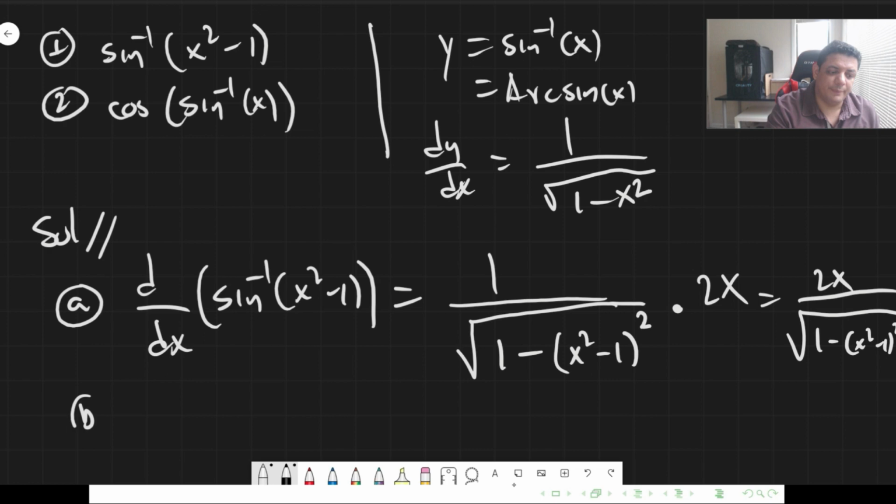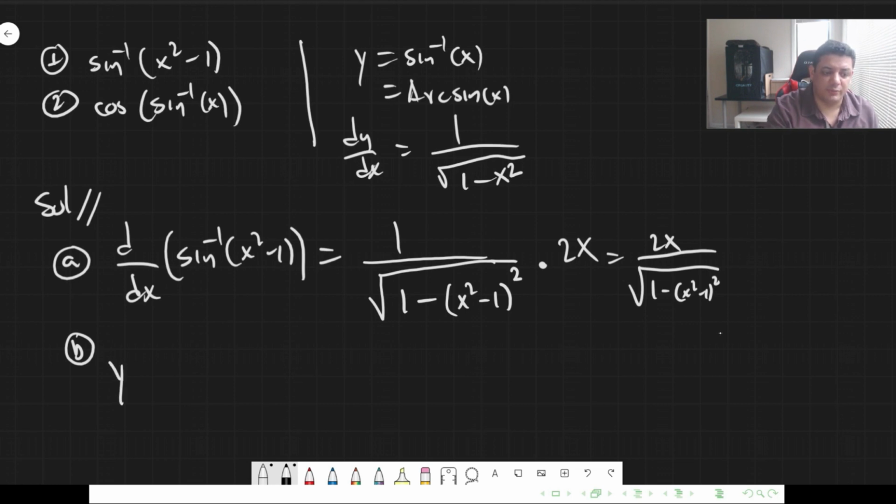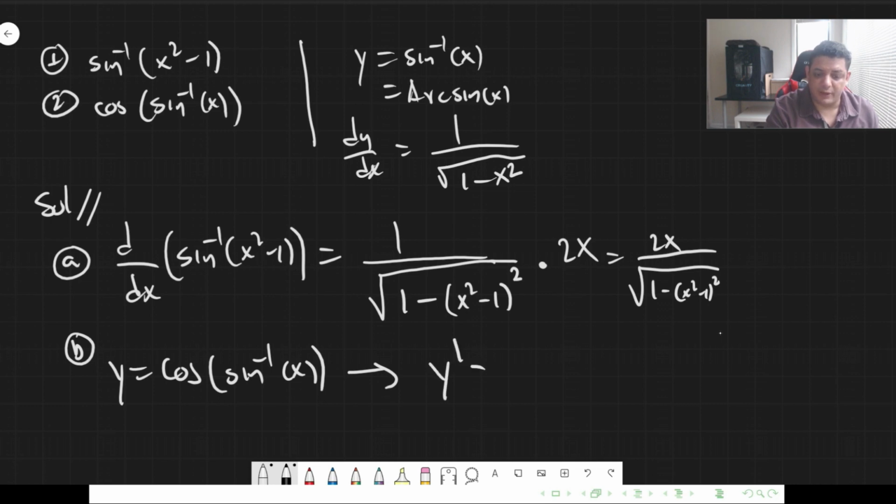Now in the case of B, we have a similar situation, but now we have a chain rule as well. We have y equals cosine of sine to the minus 1 of x. So here I don't have to worry directly about the first derivative. The derivative of cosine is minus sine. So I get minus sine composed with sine to the minus 1 of x, because that's the function inside.